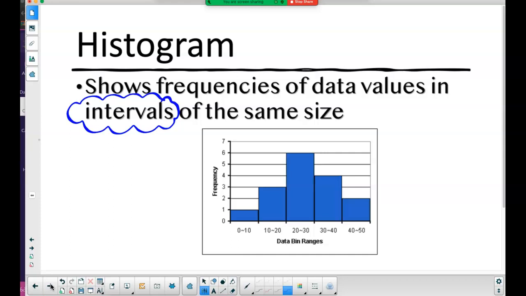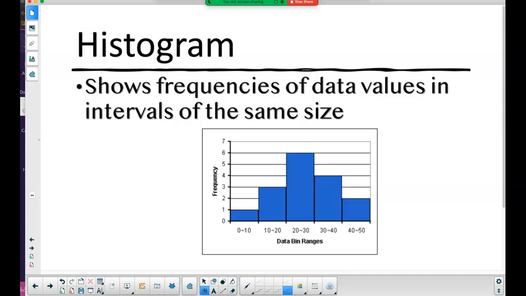Actually, this graph I think is a little wrong. This first bar can't say 0 to 10, and the next bar say 10 to 20, because we don't know where 10 is. Is it in the first bar or the second bar? Can't be in both, right?